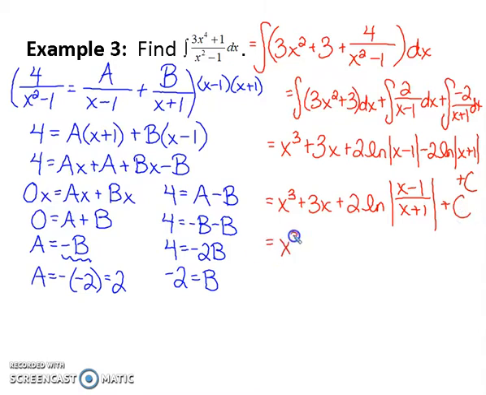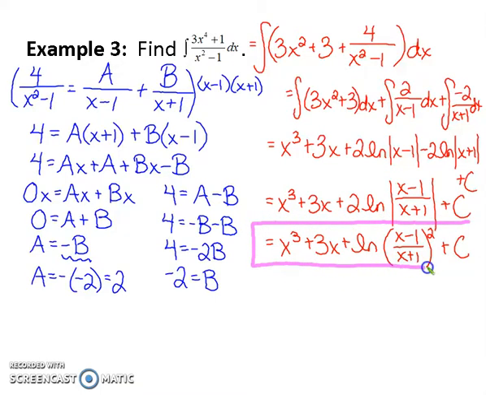Or potentially you could take the 2 and make it the exponent of the whole fraction. And we wouldn't need the absolute value anymore because we're squaring it. The squaring is going to make things positive anyway, so the absolute value would be redundant. So this would more than likely be your final multiple choice answer on a problem like this, 20 minutes later when you finish doing it. All right, so there's example 3.